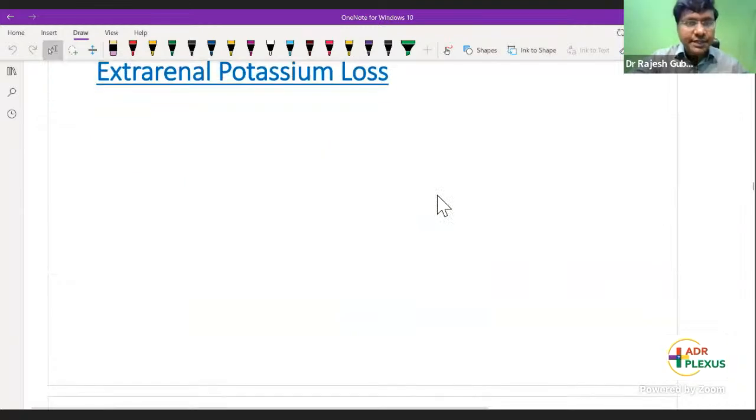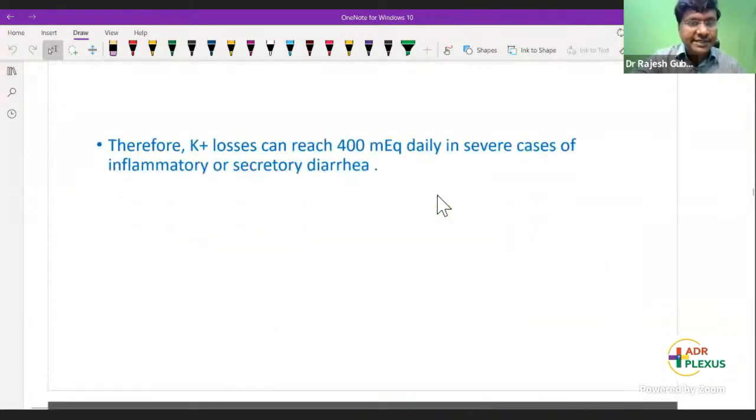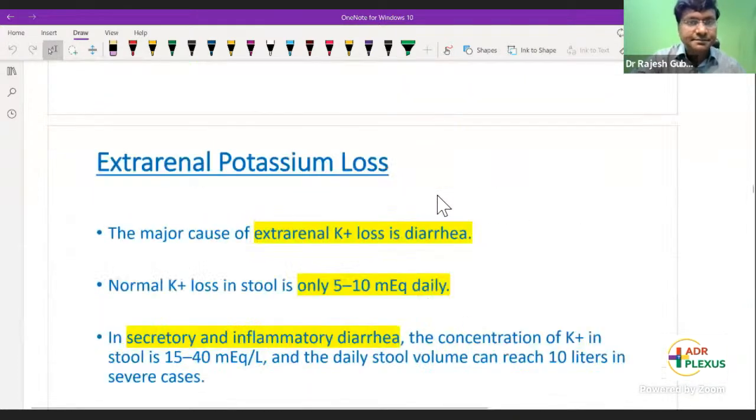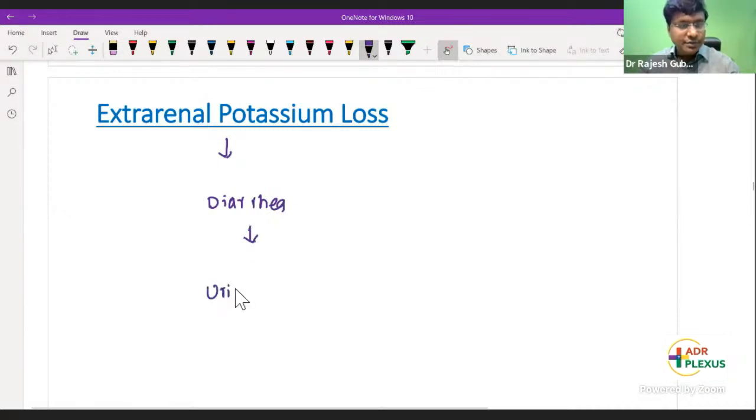Now, extrarenal potassium loss, I have already taught you, that is through your diarrhea, right? And if it is through your diarrhea, what will be your urinary potassium?